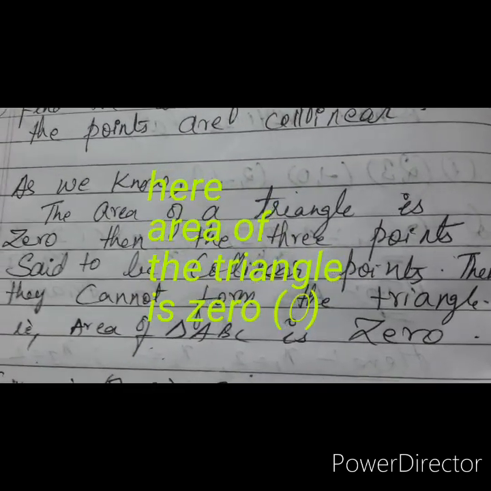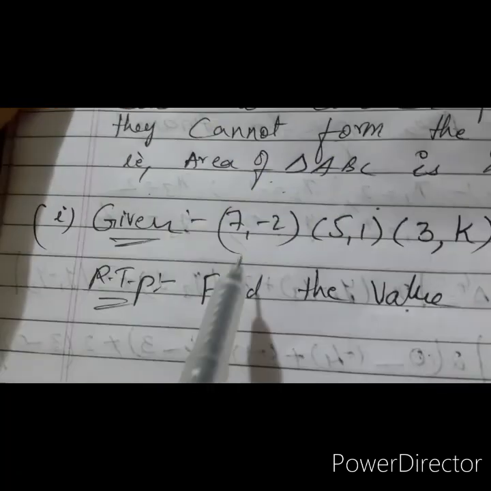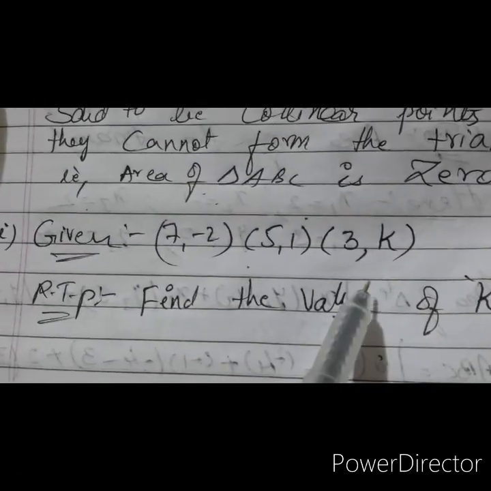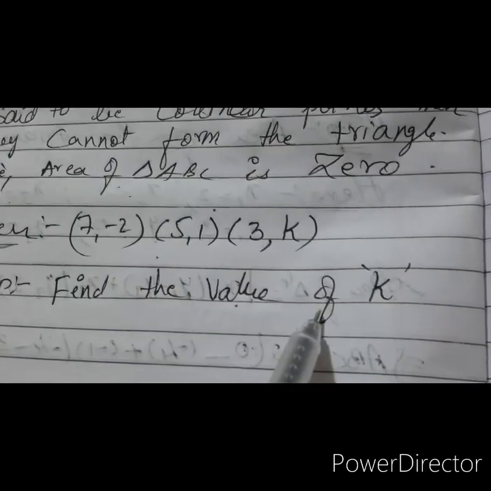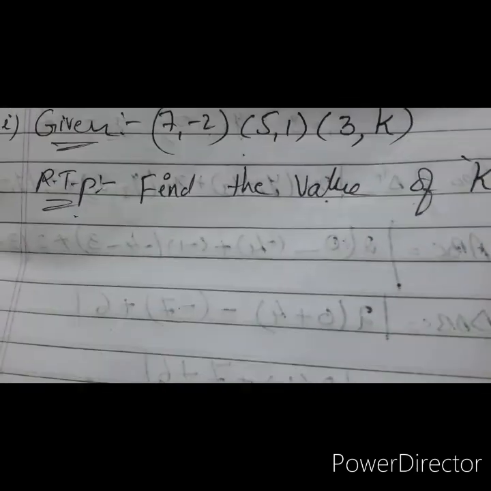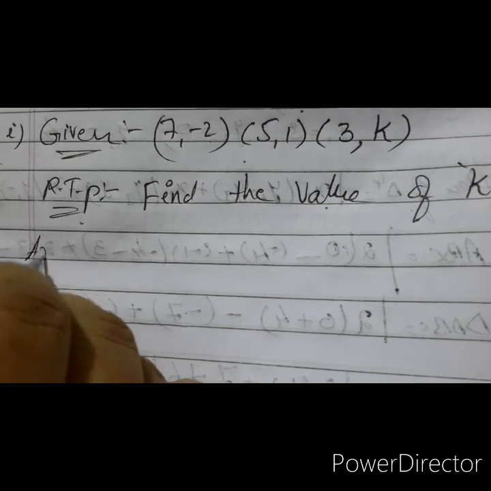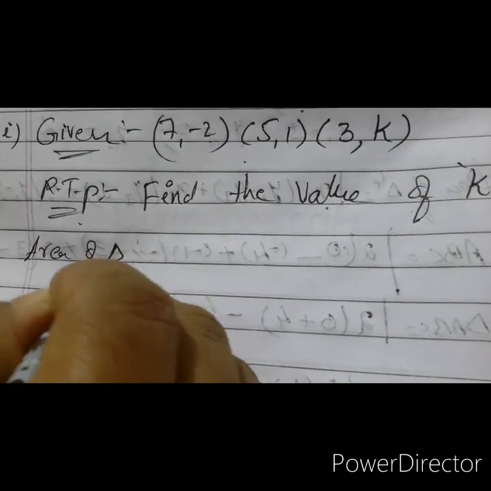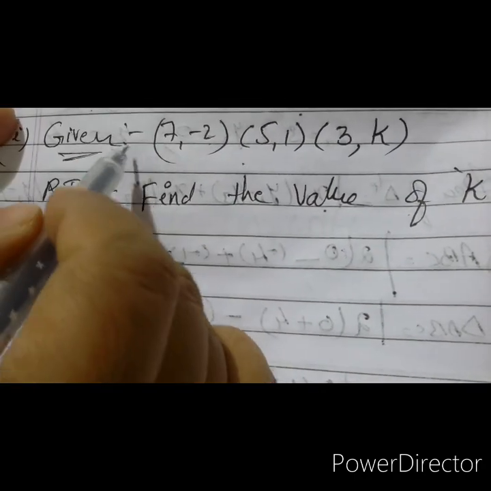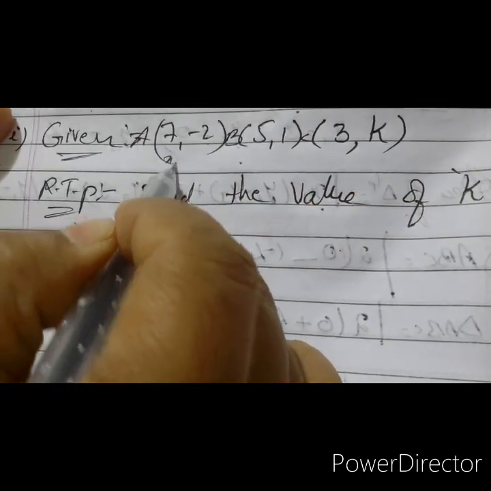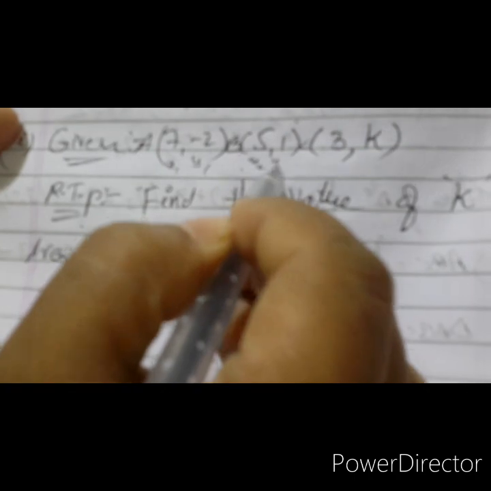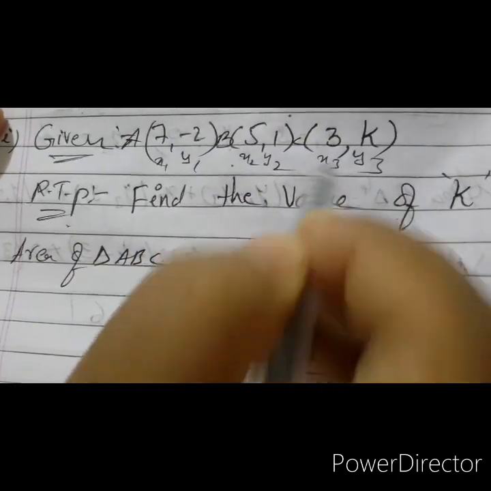See here the first bit: (7, -2), (5, 1), (3, k). What is RTP? You have to find the value of k. Fine. Now area of our triangle I am writing here. Area of triangle ABC. What is A? This one is A, this one is B, and this is C: x1 y1, x2 y2, x3 y3.